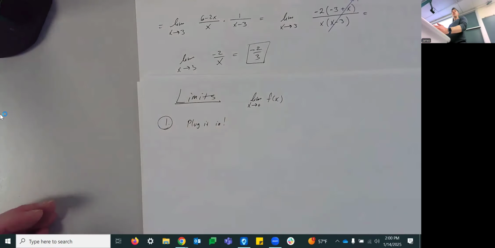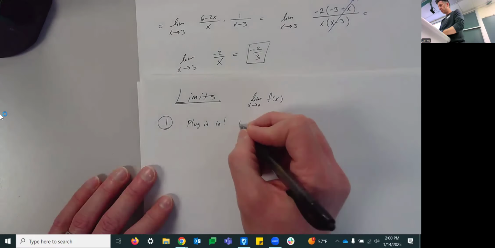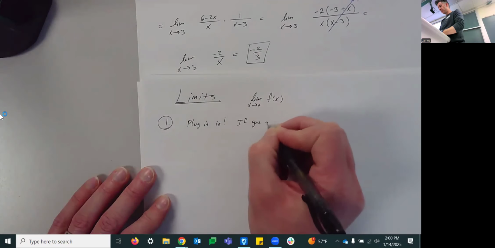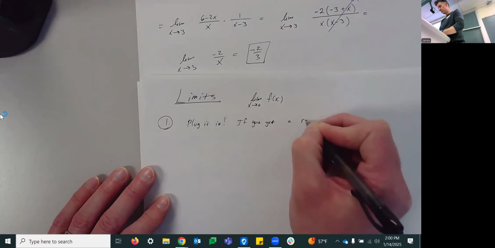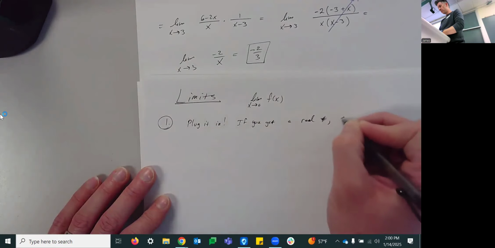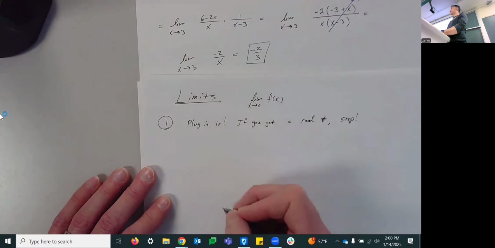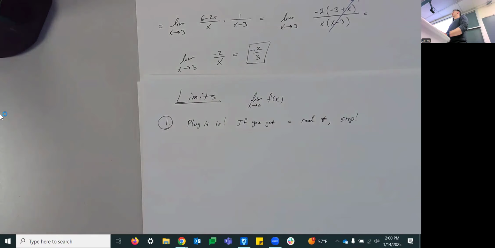And if you get a real number, stop. That's probably your answer. Very, very rarely there's funky stuff going on with piecewise functions where it isn't.